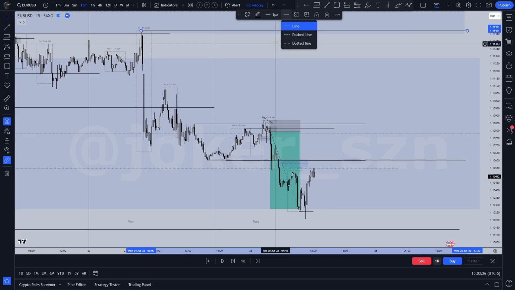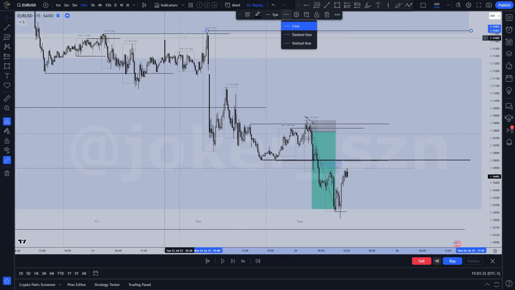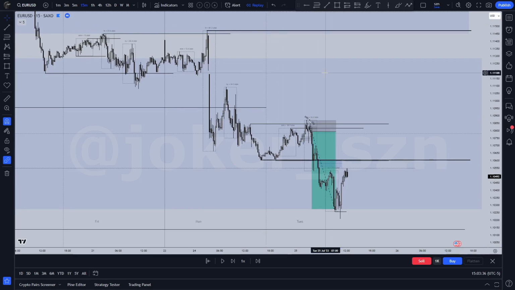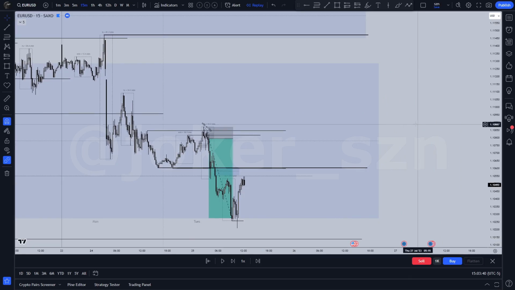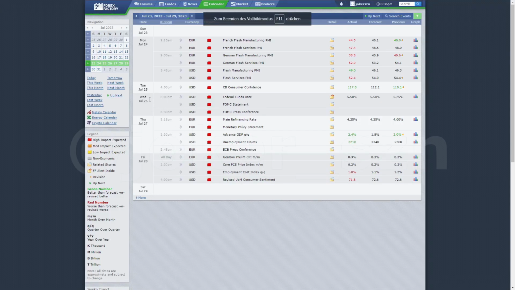And if we get back into the range for daily close, then we might see another run for the Monday highs here. So also, if we go back to the economic calendar, we have FOMC on Wednesday. So tomorrow is Wednesday, so we have FOMC here as well.